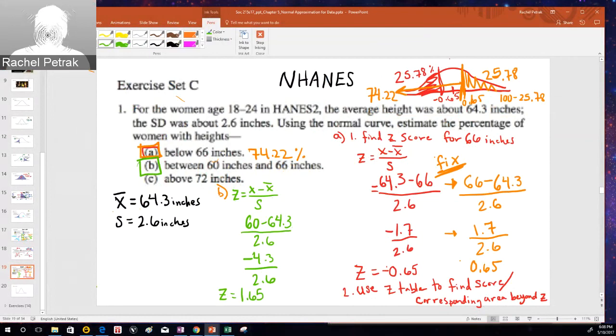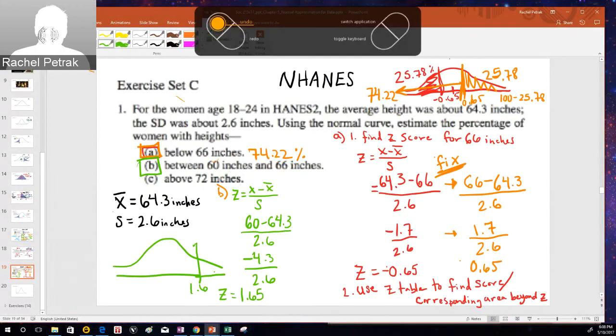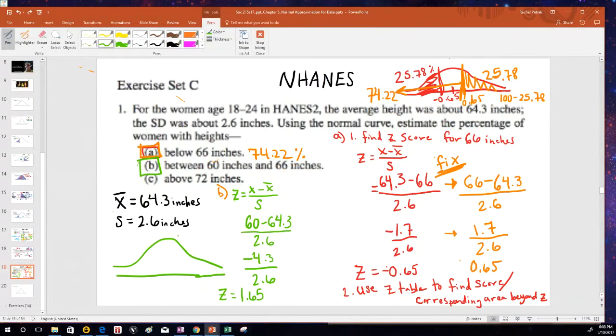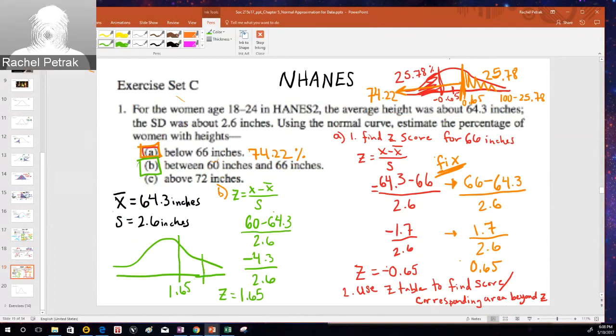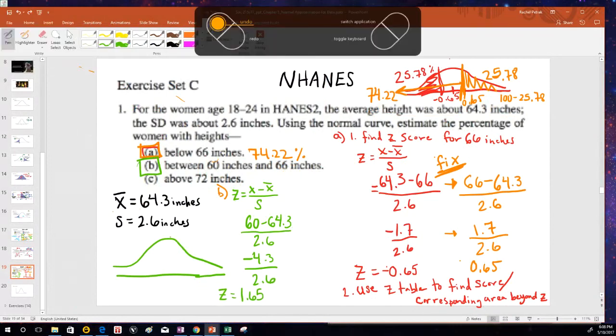Let's put this on a curve. In our 66, we already have the z-score for 66. Let me plot the mean here.